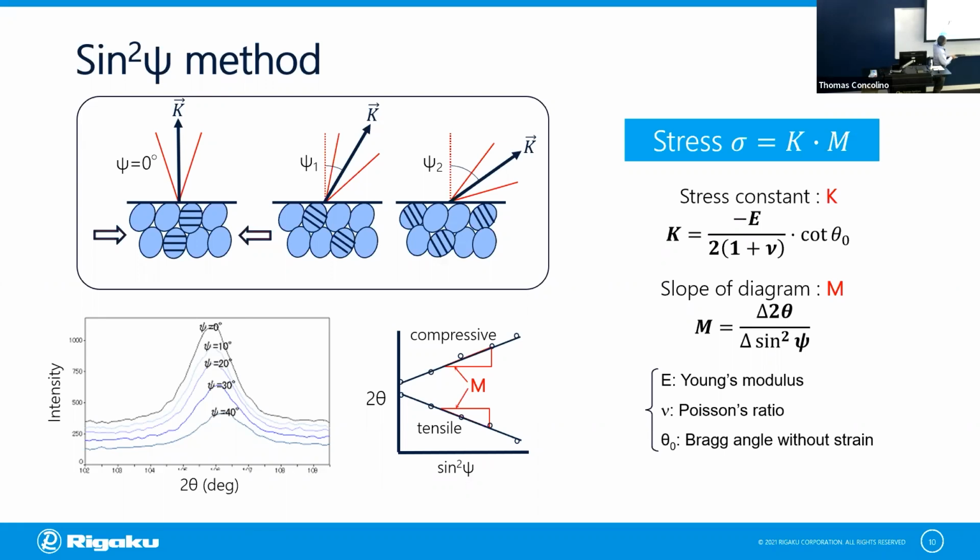What we do is tilt the scattering vector step by step relative to your sample surface, and then see how the d-spacing moves depending on the tilt angle of the scattering vector, from perpendicular to the in-plane direction. From the slope of this sin-squared psi versus 2 theta or d-spacing plot, and from the stress constant K, we can evaluate the residual stress on the materials.